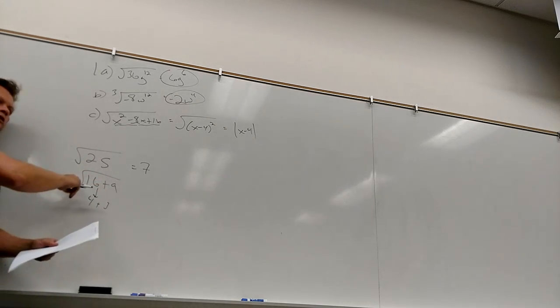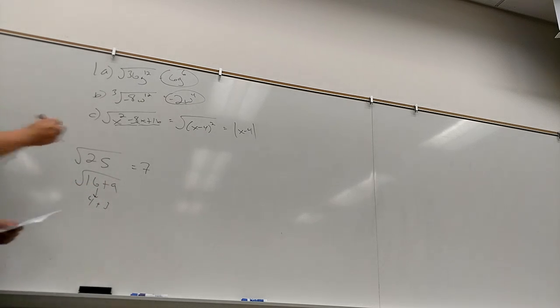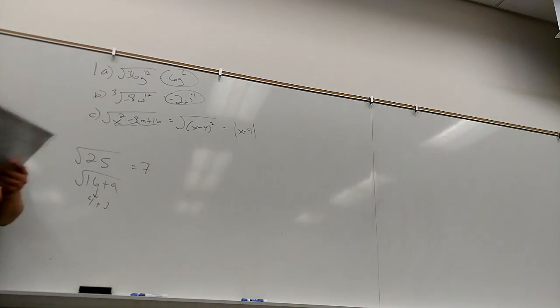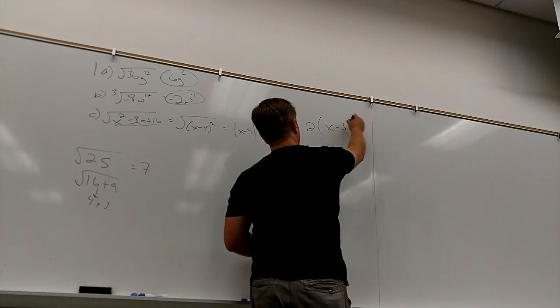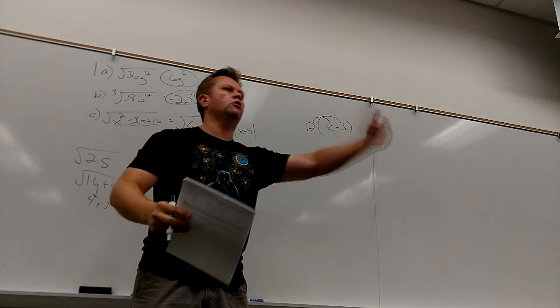A square root cannot distribute across a plus, or a minus, because they're not based on that. So yeah, you can't do the square root of this minus the square root. No, you're distributing it. It can't. You cannot distribute that. Why can you distribute something in front all day long? Because coefficients are based on addition, subtraction, so they work well with it.